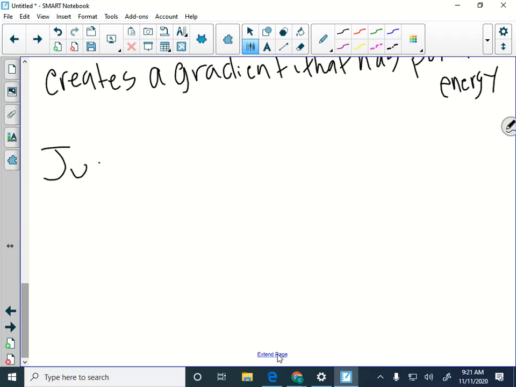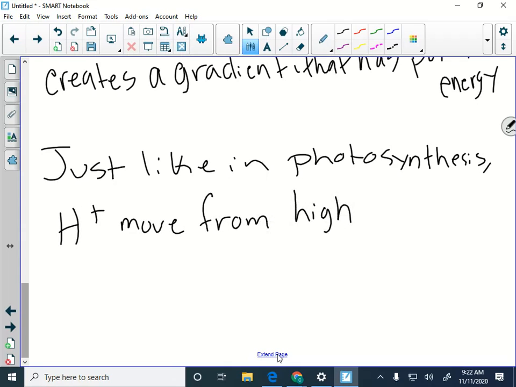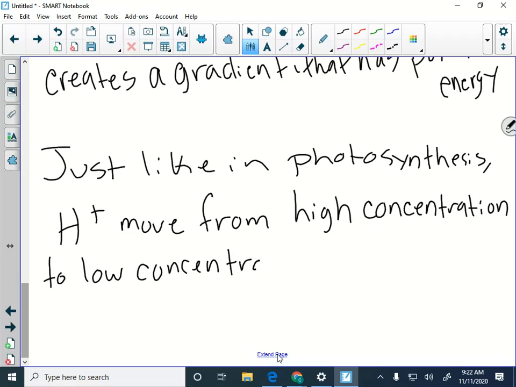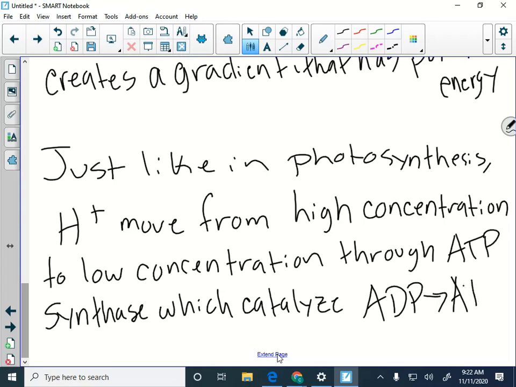Just like in photosynthesis, hydrogen ions move from high concentration to low concentration through ATP synthase, which will then catalyze or make the reaction happen that turns ADP into ATP.